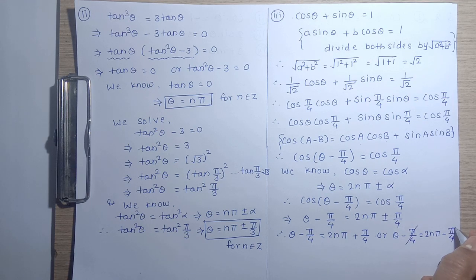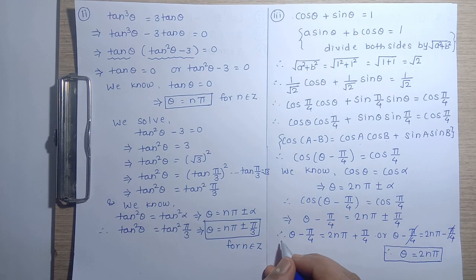Here minus pi by 4 gets cancelled. Here we get theta is equal to 2n pi. And here that theta is equal to that minus pi by 4, if we shift it into the right hand side, it becomes plus pi by 4. Therefore that is 2n pi plus pi by 4 and plus pi by 4.